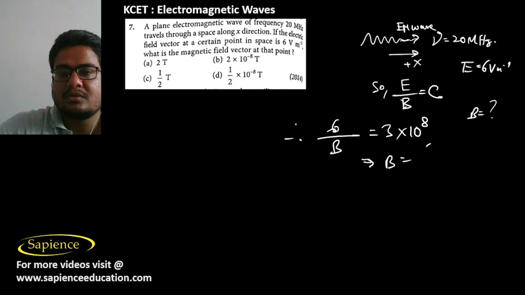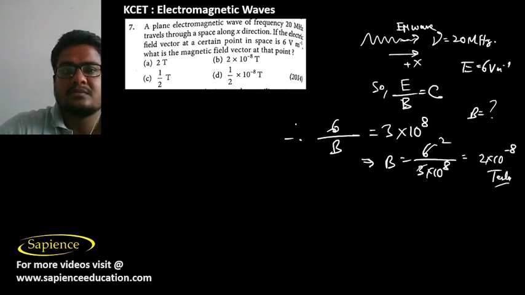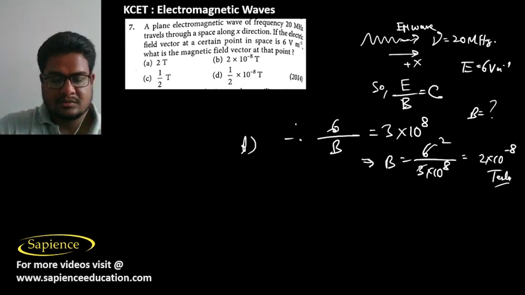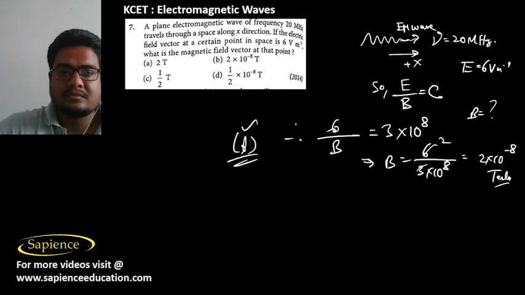So B will be equal to 6 by 3 into 10 power 8. That will be equal to 2 into 10 power minus 8 Tesla. So option B is the correct answer.